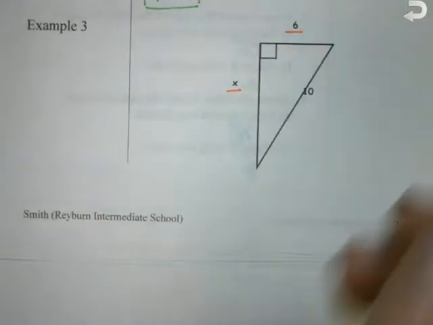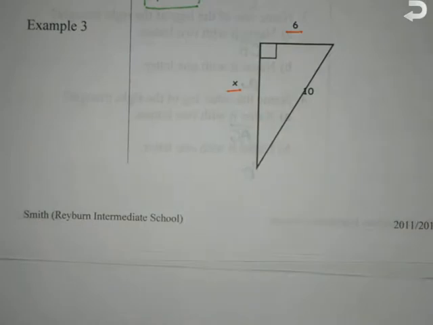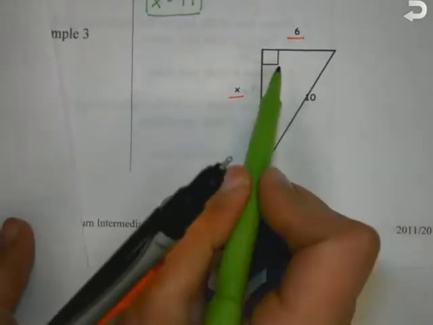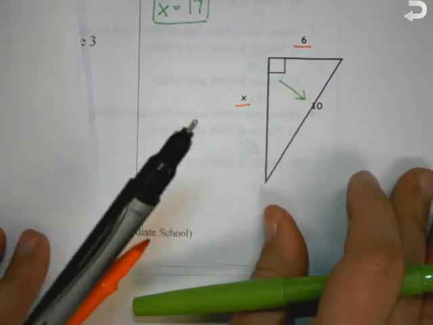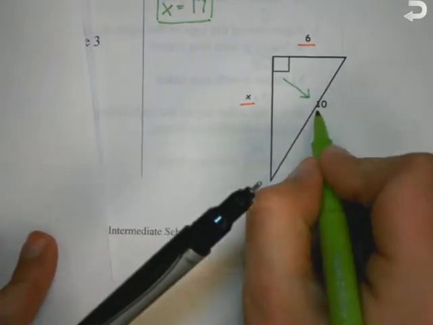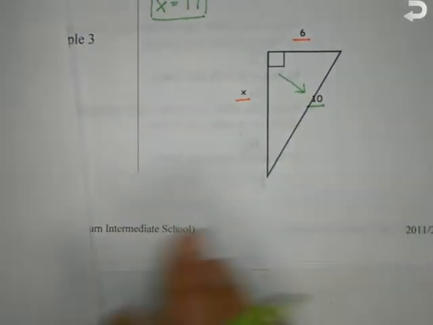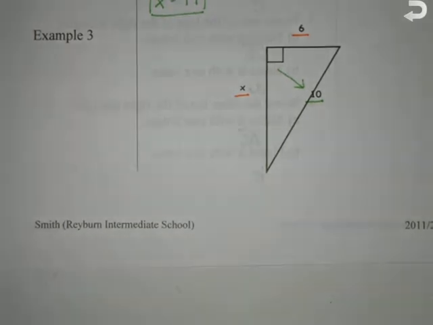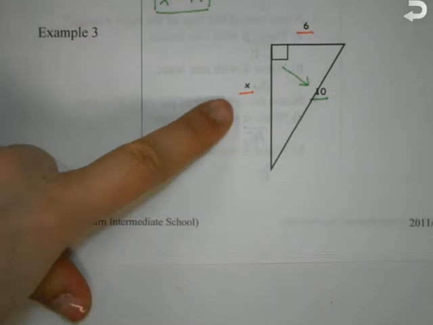Because it's across from that 90-degree angle, so that means 10 is actually our what? Our hypotenuse. Good. Okay, so this time I know one leg and the hypotenuse, and I need to find the missing leg. Do you think we can still do it? We can.